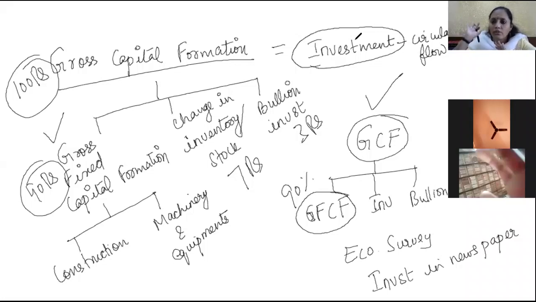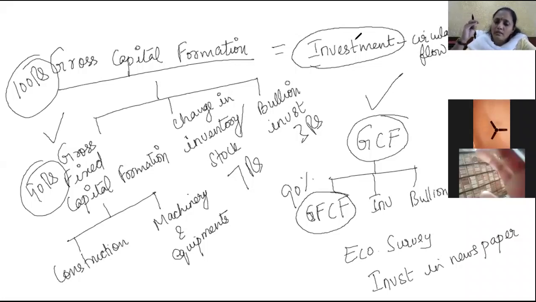Everything is referred to the financial year. Bullion means the rare precious metals. You will commonly be investing in gold, that is fine. But other than gold, you can also invest in platinum and other rare things, right?